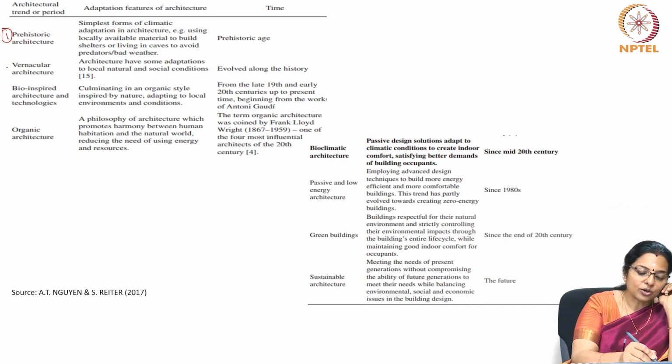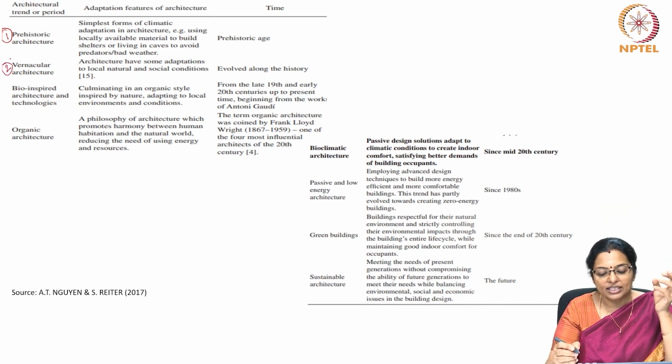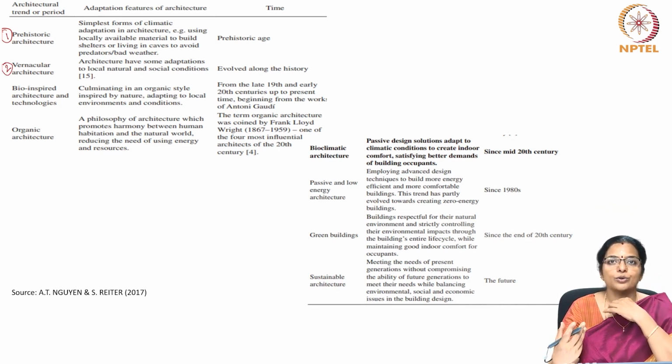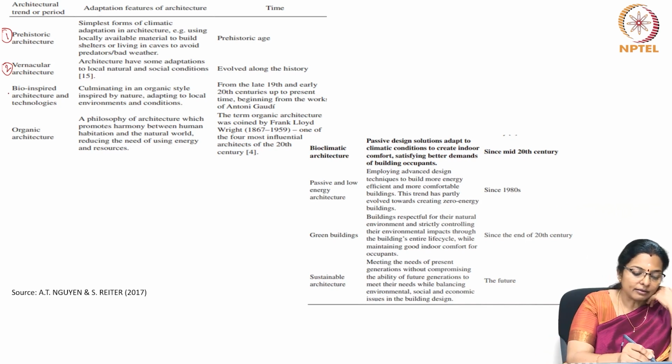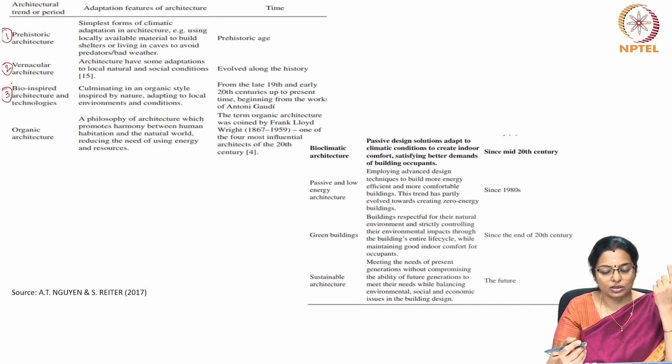Then came what is called the vernacular architecture. Now this architecture has some adaptations to local, natural and social conditions, because by then man had also become a social animal.